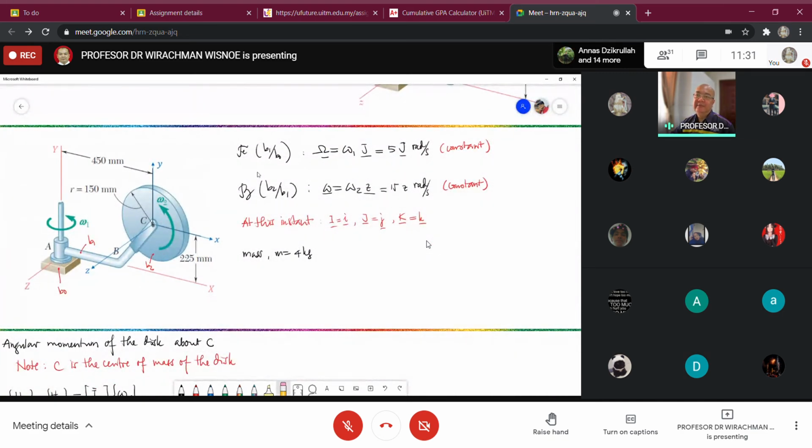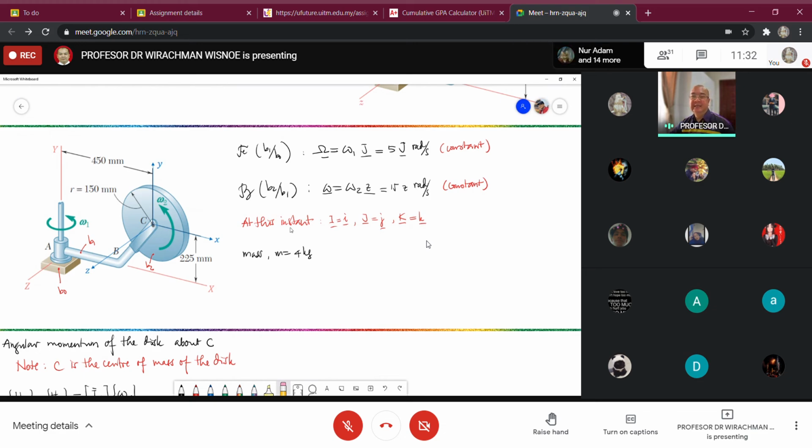B1 rotate with respect to B0 by capital omega direction. As I ask you, you answer omega 1 in the J direction, capital J, because we are talking about the fixed axis. Okay, omega 1 is 5. B2 with respect to B1, omega 2 in the small z axis, 15.